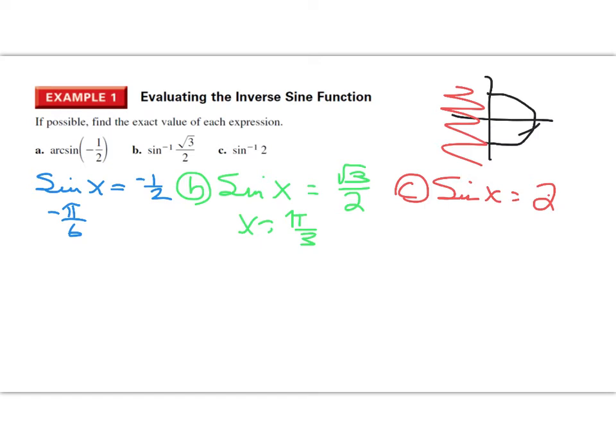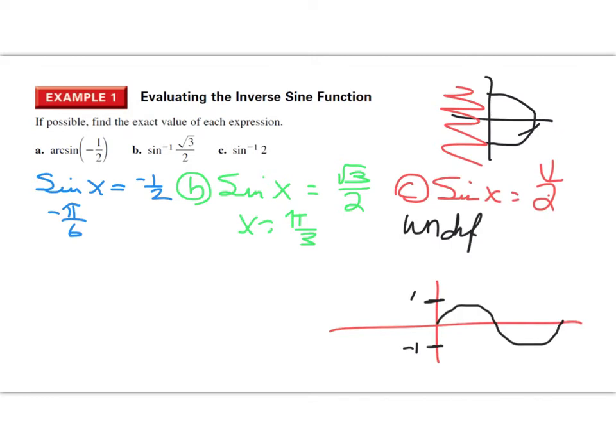Well, if you think about what's going on here, this is your y value for sine. When you look at the graph of the sine goes like this, and remember, the highest it goes is to 1 and the lowest it goes to negative 1. So therefore, this is impossible. So this is undefined. Can't happen.